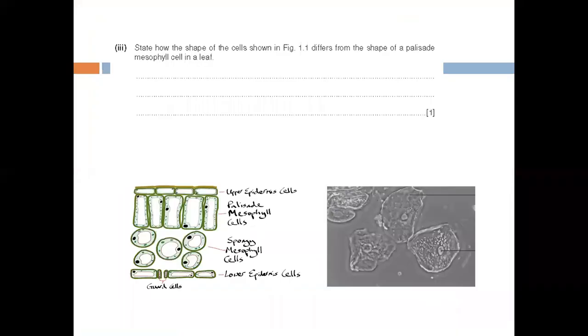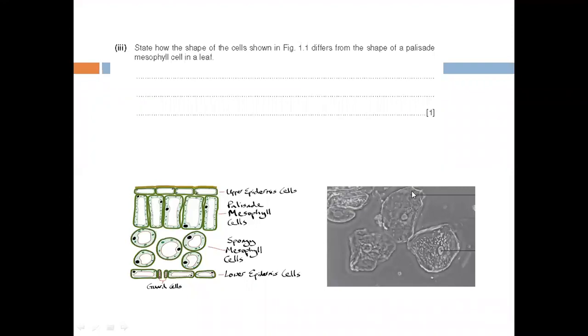State how the shape of the cell shown in figure 1.1 is different from the shape of a palisade mesophyll cell in a leaf, right? If you look here, this is the structure of a leaf. This is the upper epidermis, this is the lower epidermis, this is the spongy mesophyll, and this is the palisade mesophyll. From the figure we will give the reason, the difference in structure between the epithelial cell and the palisade mesophyll cell.